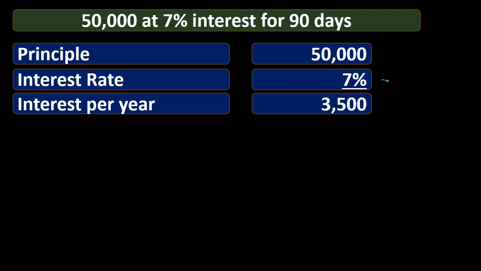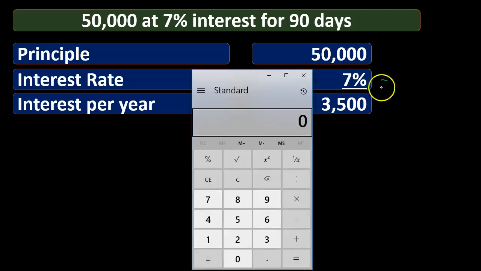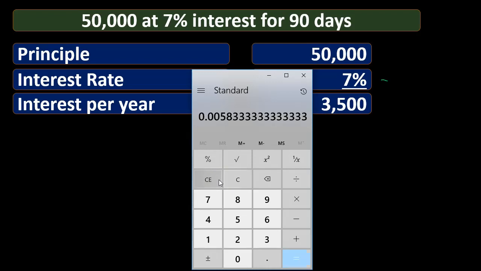Why would we do that? There are a couple of reasons, but one main reason it's a convention is that if we took 0.07 and said we want a monthly interest rate, and we divide that by 12, we get a pretty small number. It would be 0.58 something percent, which is pretty small, a range that's more difficult for us to express.